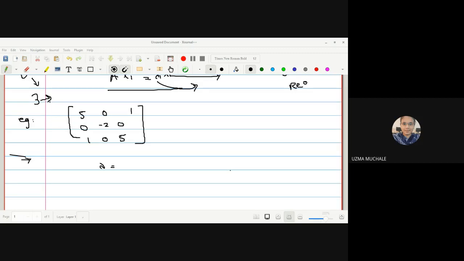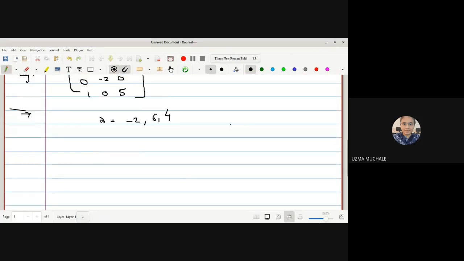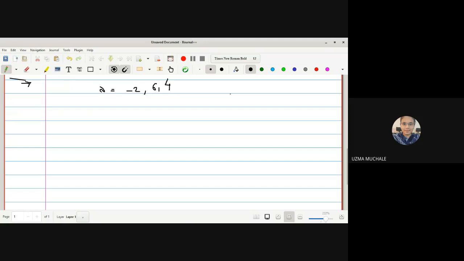Is it so difficult? Are you getting the same eigenvalues? 4, 6, minus 2.